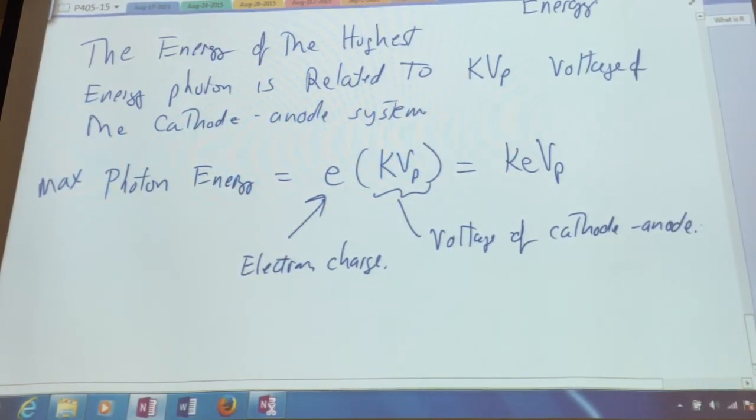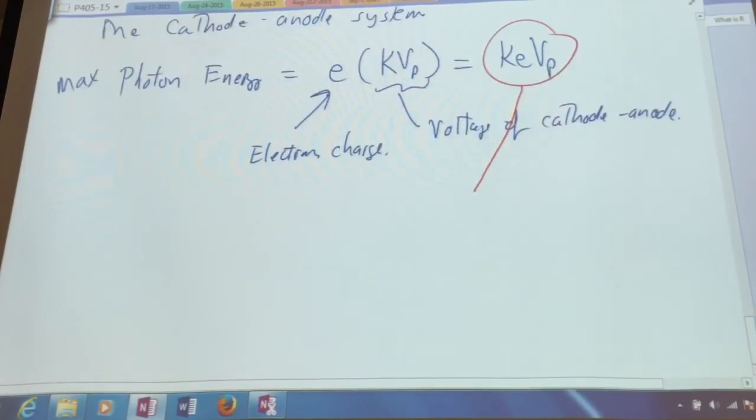So that E stands for the electron charge, the kVp is the voltage of the cathode anode system. Which means this is what? This is the electron kinetic energy.